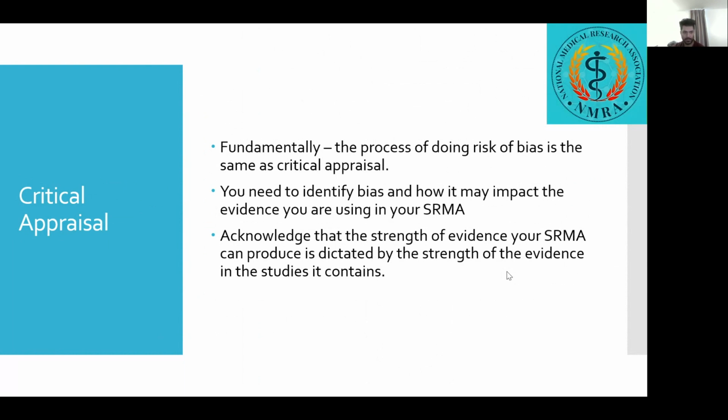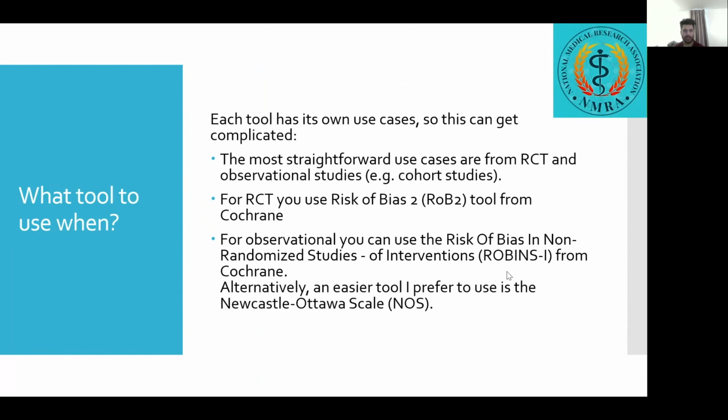So to keep this really simple, we can cover what kind of studies and what kind of tools we use. I'm not going to go into the overcomplicated details, although I have unfortunately had to do that in other studies. It's a pain. This can get really, really messy depending on what you're studying, and different types of studies have different risk of bias tools.